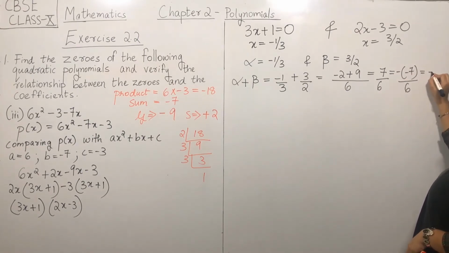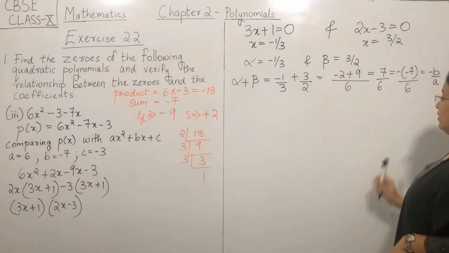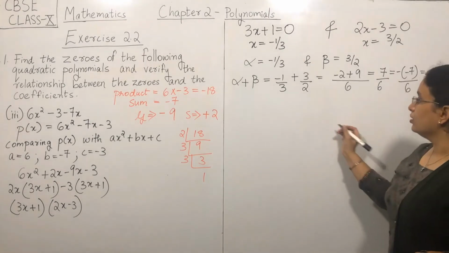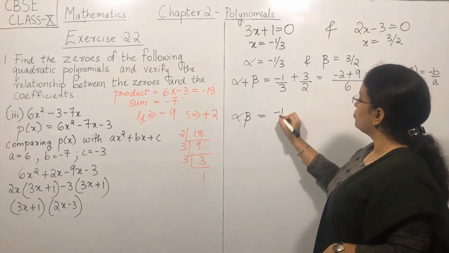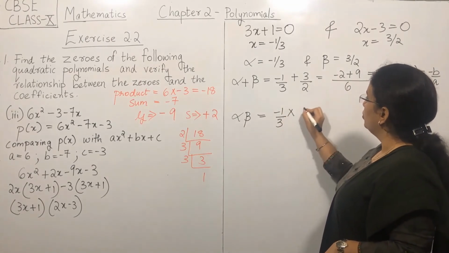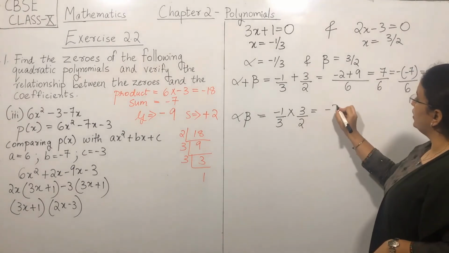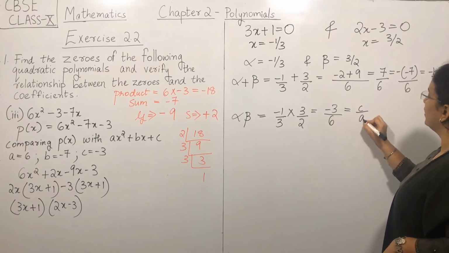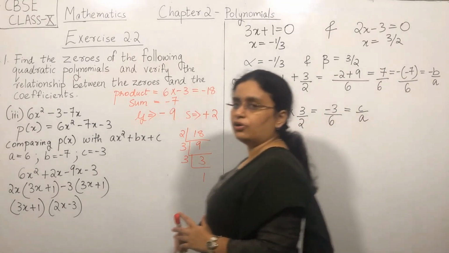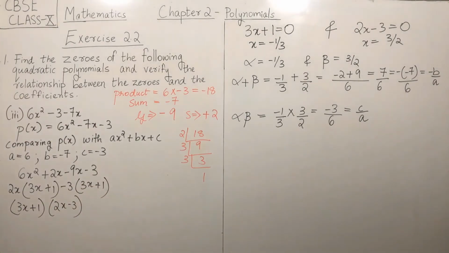It is equal to minus b by a, because minus b is 7 and a is 6. Next relationship, alpha into beta equals minus 1 by 3 into 3 by 2 equals minus 3 by 6, equal to c by a. Hence we found the zeros and also verified the relationship between zeros and the coefficients.